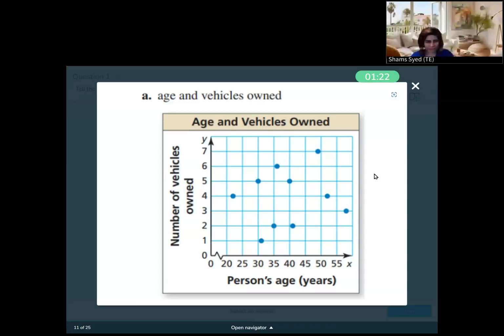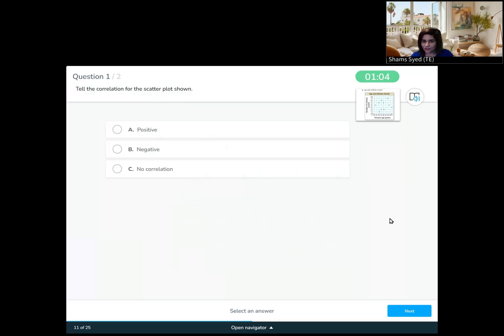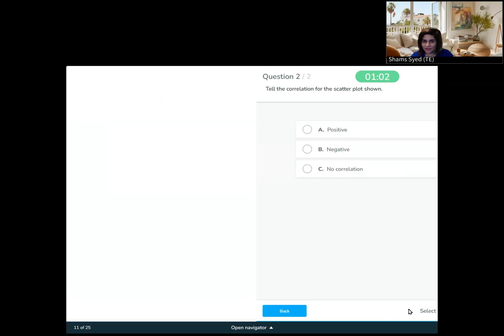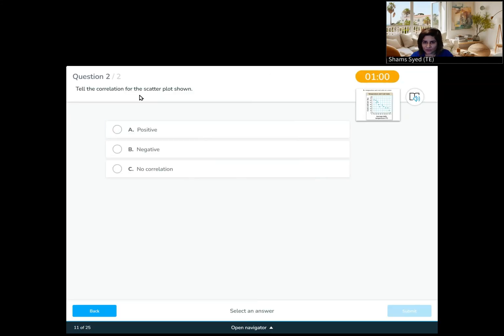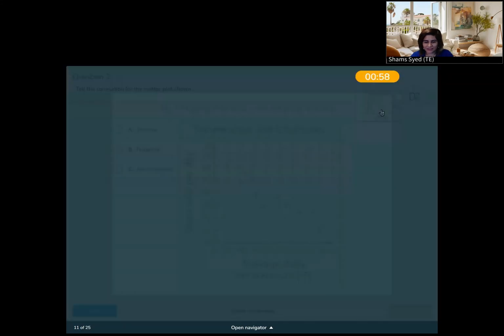Here's the scatter plot. Then there's also a second one. You will tell the correlation for the scatter plot, and this is the scatter plot.